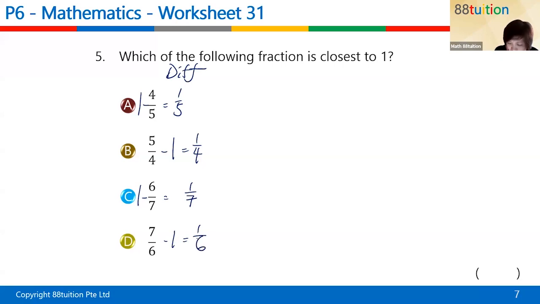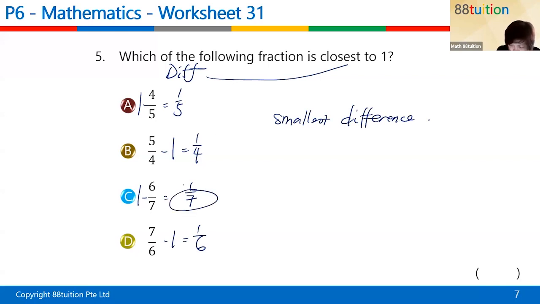So 1/6. Now, closest to 1 means the difference must be the smallest difference. Okay, smallest difference, you look at the denominator. Which is the smallest difference? Here, no? 1/7 is the smallest one. Okay, so use all these tactics to work it out.